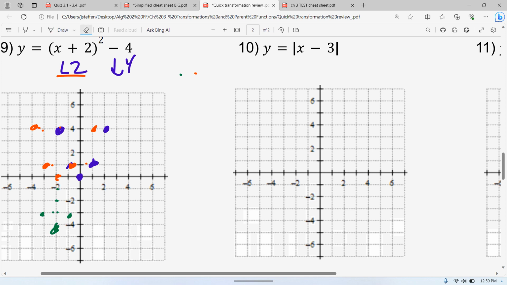So again, everything moves down 4. Oh, sorry, this is a parabola. It should be more U-shaped.